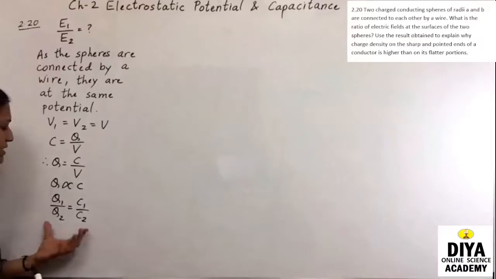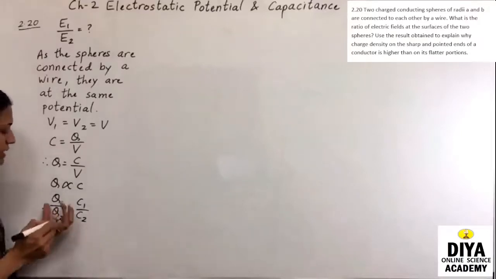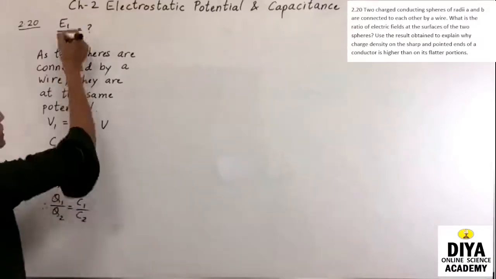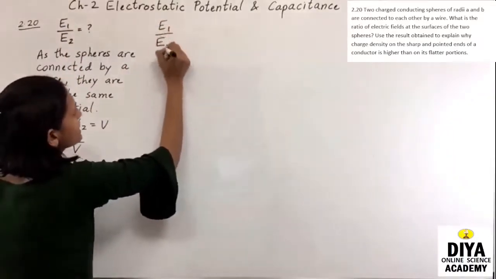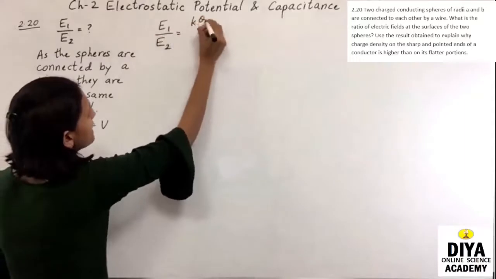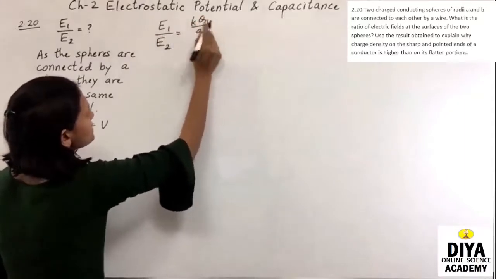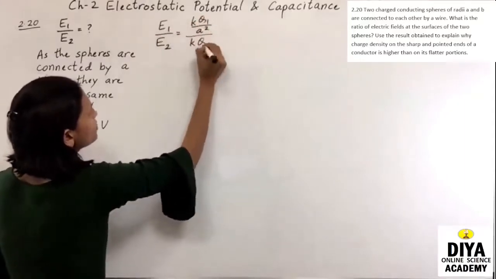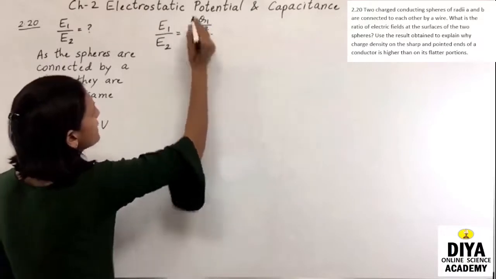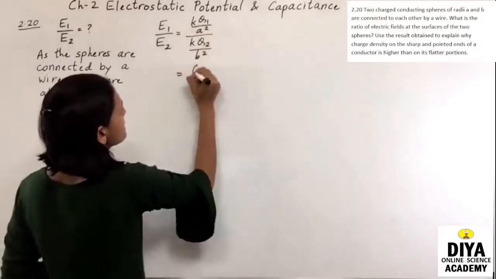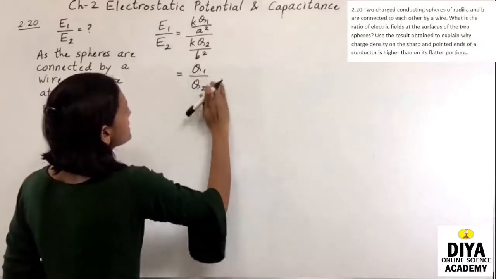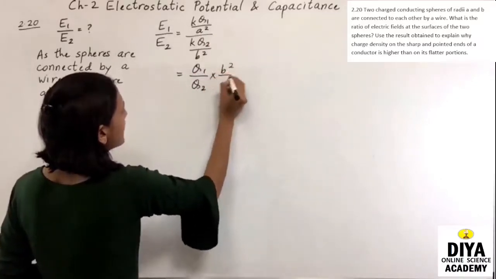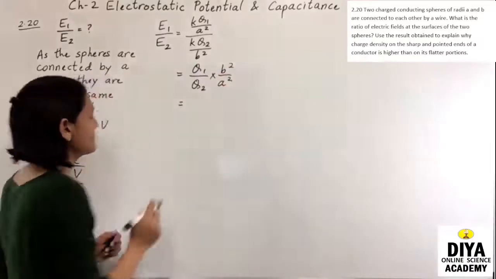Why are we taking the ratio of charges? Because we want to find out E1 and E2, and E1 by E2 gives me K Q1 by A square by K Q2 by B square. K cancels, that equals Q1 by Q2 into B square by A square, right?